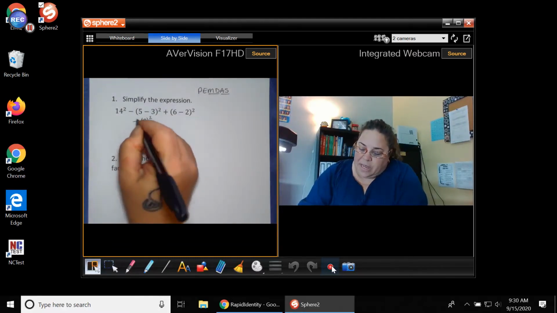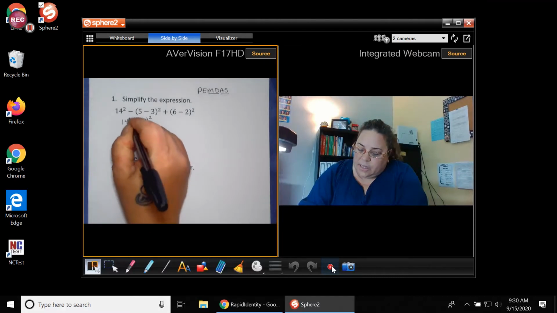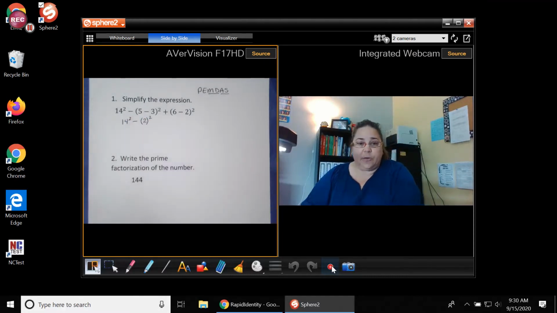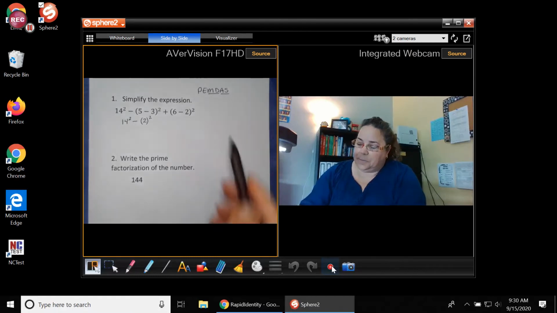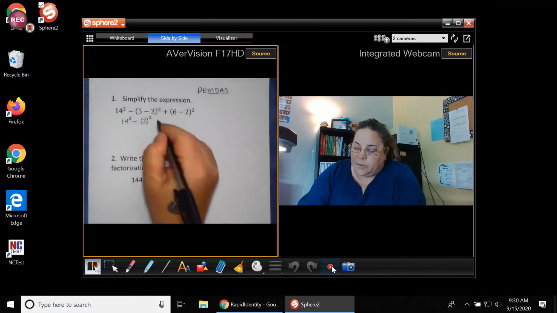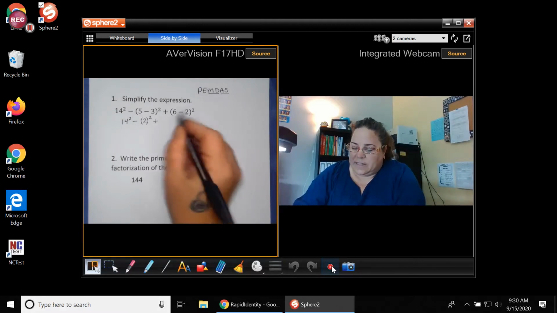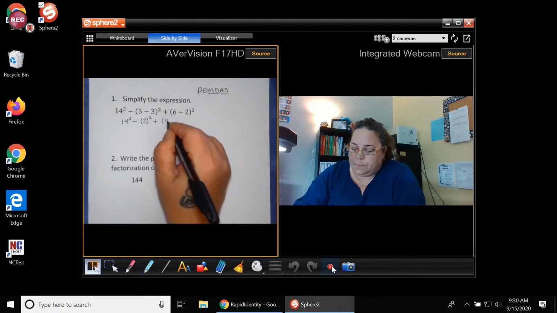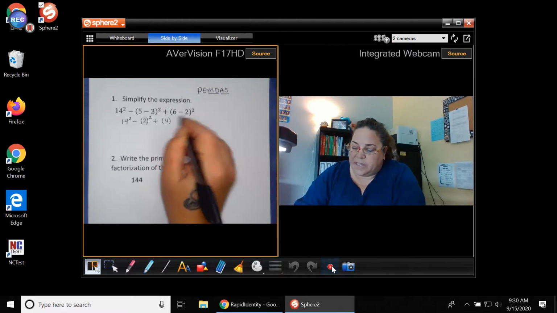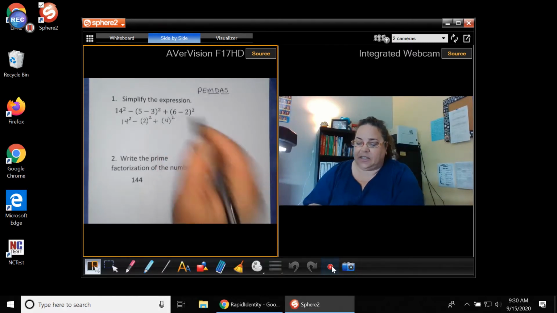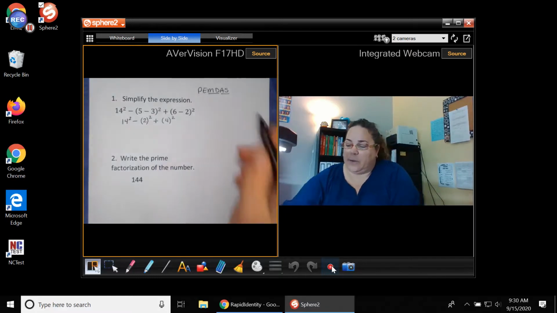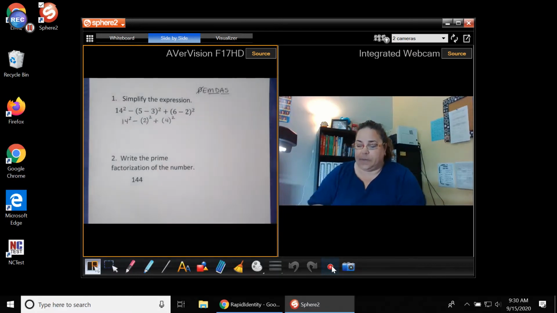And remember to bring everything else down and copy clearly so that you don't make any silly mistakes. Okay, I have another exponent over here, and this parentheses. And this one is 6 minus 2, so that's going to give me 4. And again, there's an exponent attached to it, so I have to remember to attach it still. Okay, so I've done my parentheses. Now I'm going to exponents.